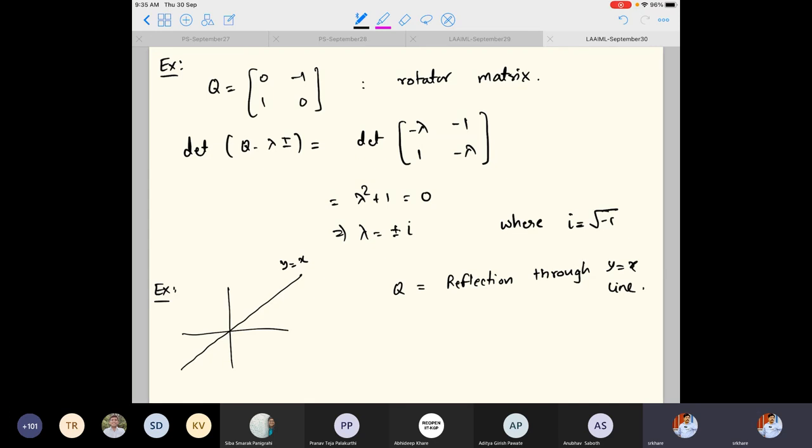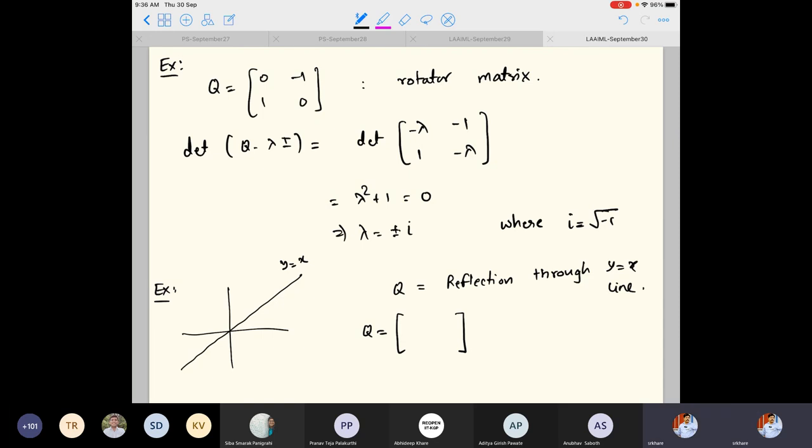Can you tell me what the reflector matrix Q is, and what are its eigenvalues and eigenvectors?